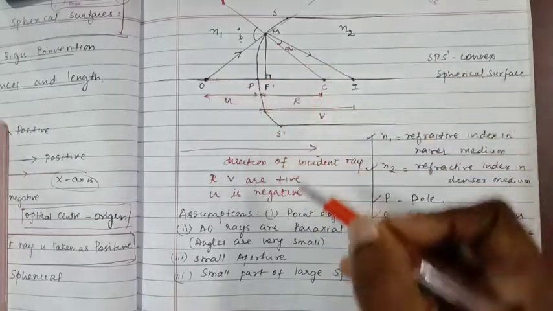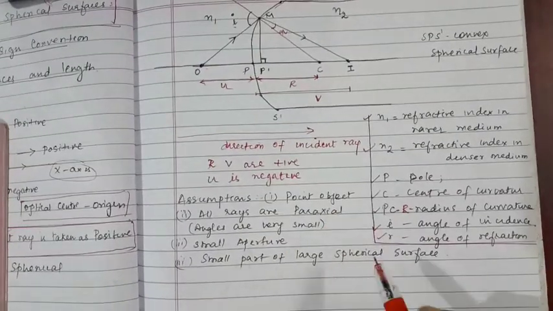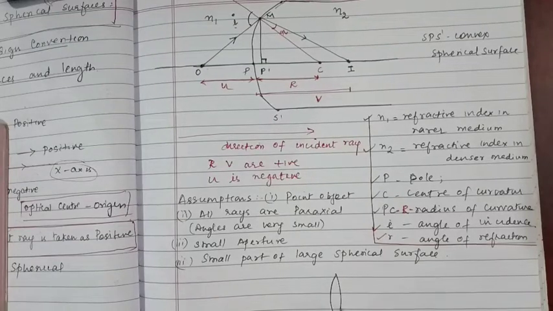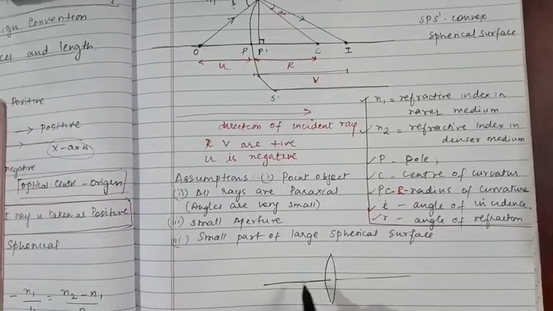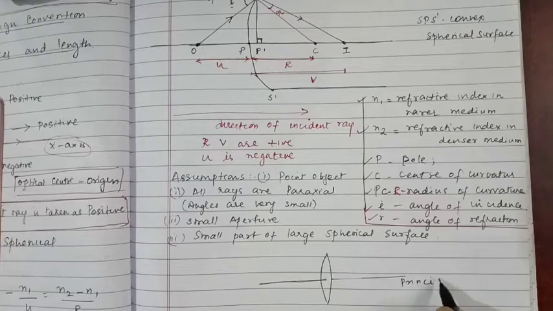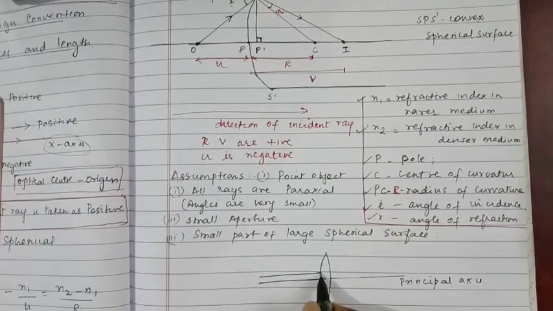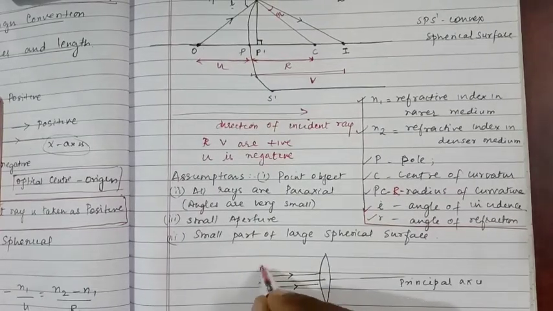The next one is that all rays are paraxial rays. What are paraxial rays? If you draw a lens and the principal axis, the rays that are close to the principal axis and parallel to it are called paraxial rays.